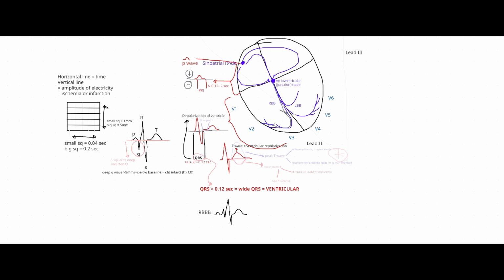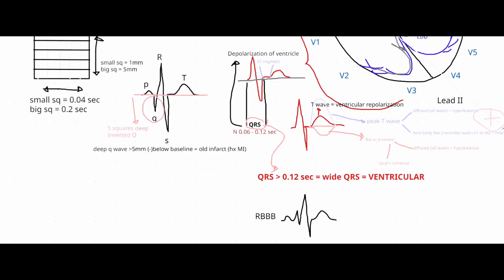But usually a QT prolongation is what we're worried about. So going back to our rhythm here, here's the Q, right? Here's the T, and a QT is measured from the beginning of the Q to the end of the T. So when that's prolonged, then it leads into bradycardia, right?